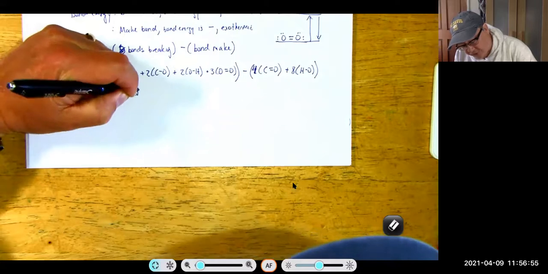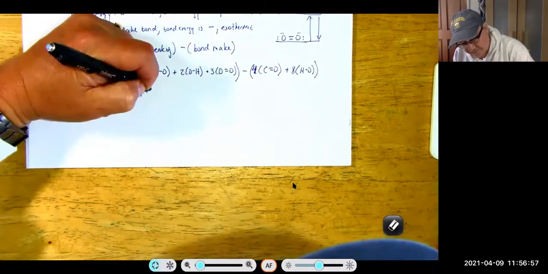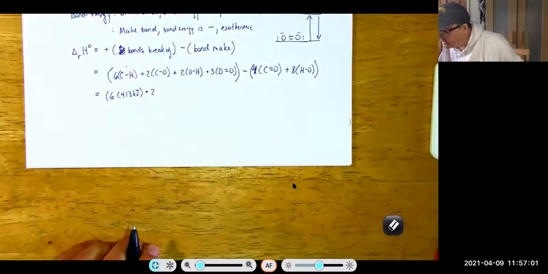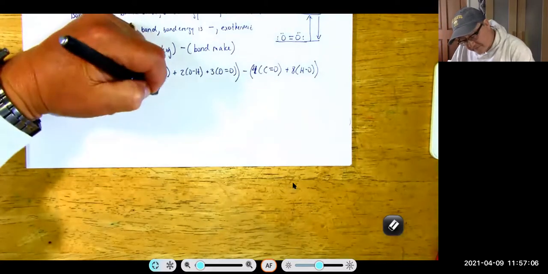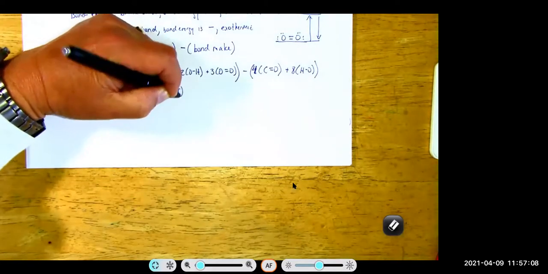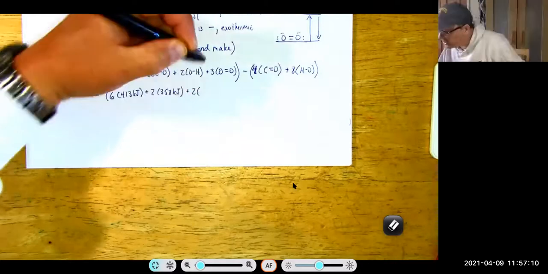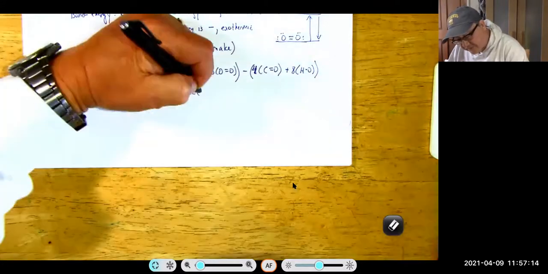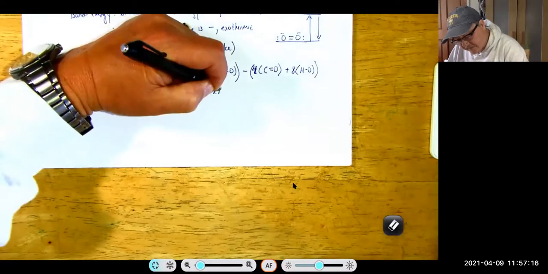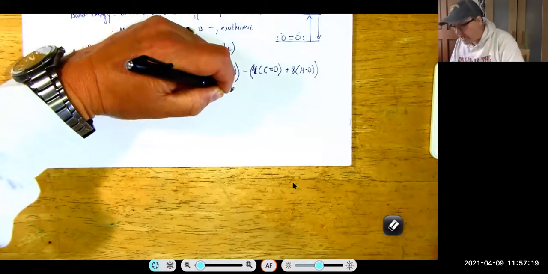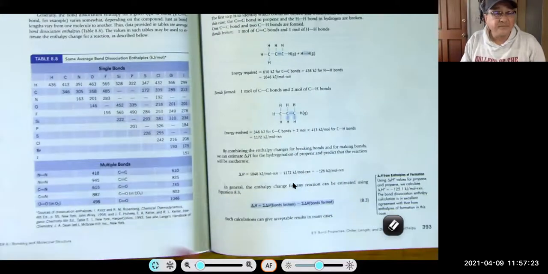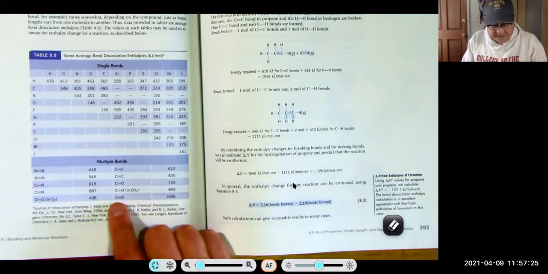Now, rather than show you each of these one by one, I'm just going to tell you that the carbon-oxygen single bond is 358. The oxygen-hydrogen single bond is 463. And this one I'm going to show you, the oxygen-oxygen double bond. Do you see it right here?